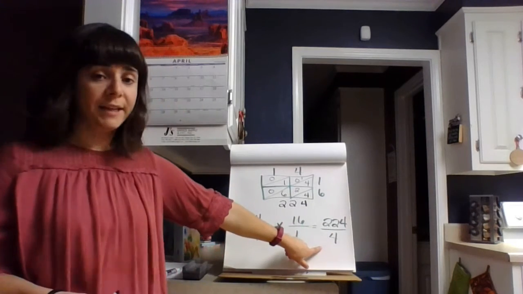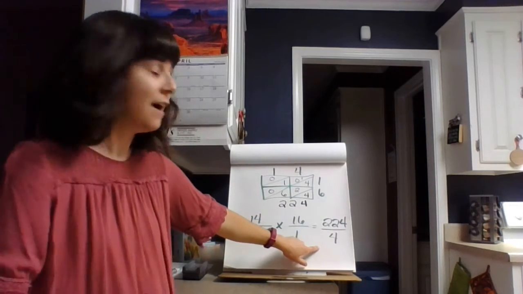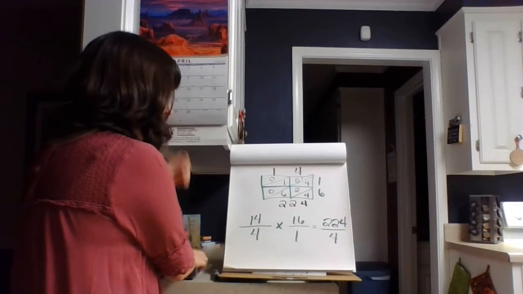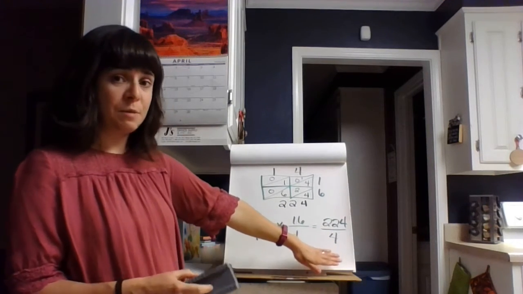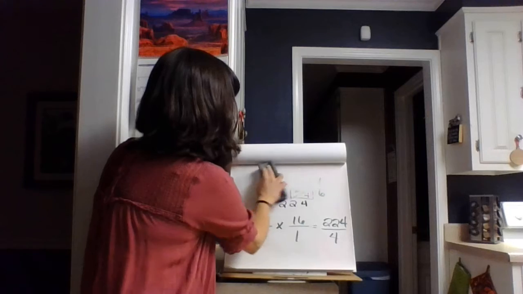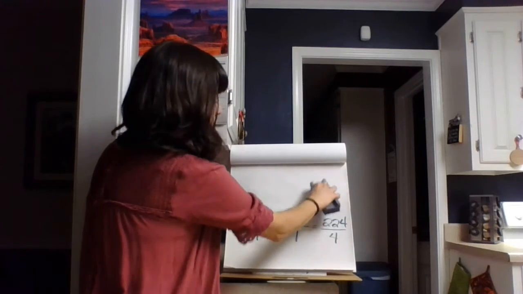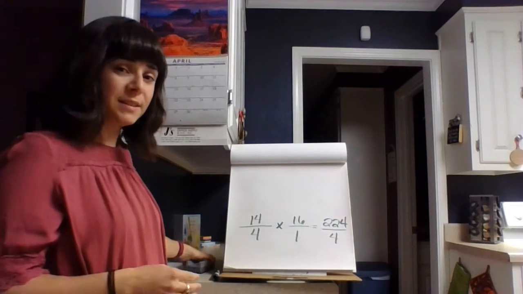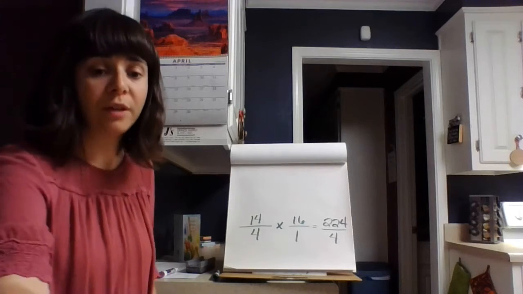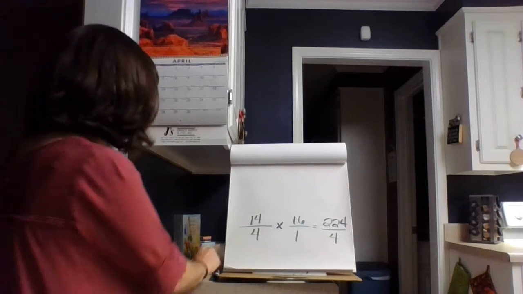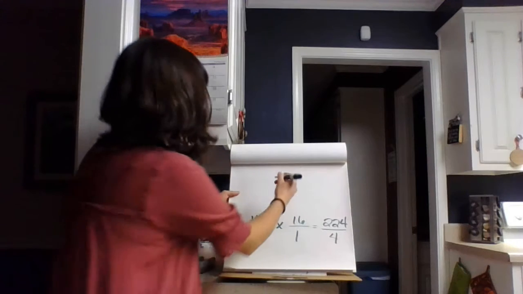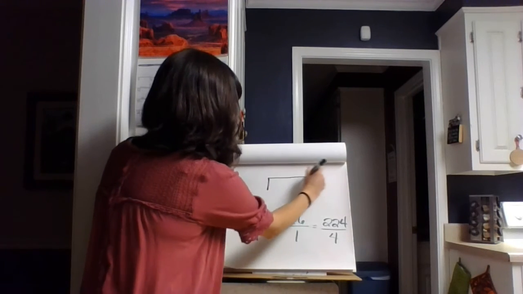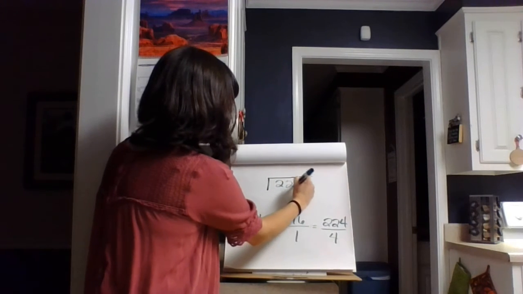Now, that is a correct answer. That is the amount that we have. But another way that we can represent that, instead of leaving it as an improper fraction, I'm going to divide to see if it will equal just a whole number or maybe a mixed number, because typically in real life we don't use improper fractions quite as much as we use mixed numbers or whole numbers, of course. Okay, so 224 is my numerator.